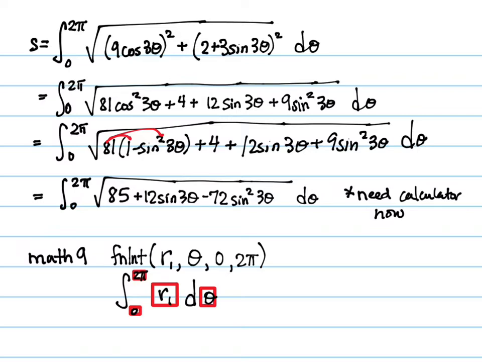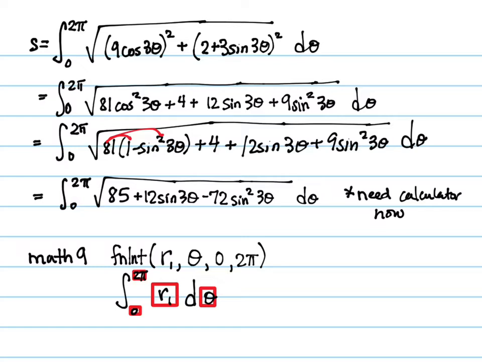So I'm going to put that right now into my calculator. You might be asking, well, how do I get R1? Oh, and then I went and deleted it. I haven't put it in my calculator yet anyway. So I have the square root of 85 plus 12 sine of 3 theta, and then minus 72 times sine of 3 theta, and I'm going to square the sine.